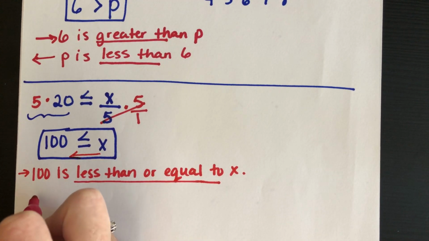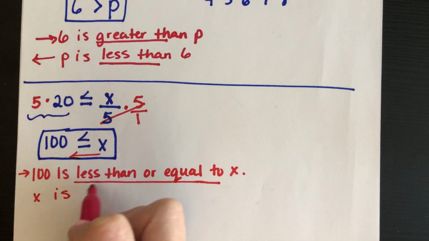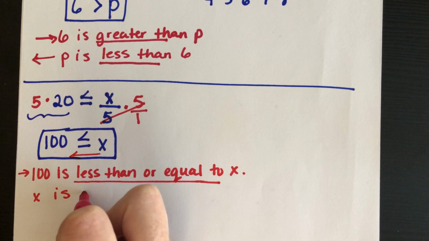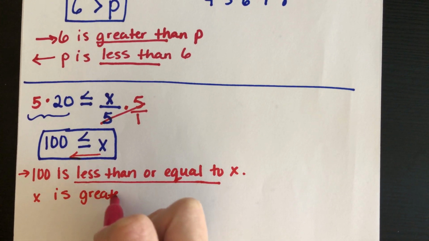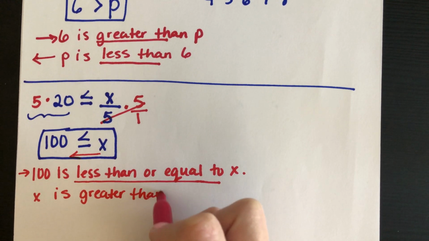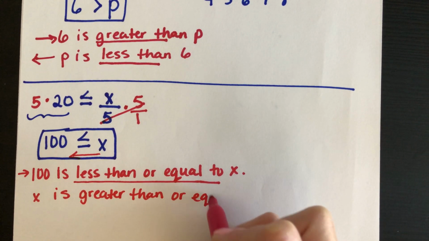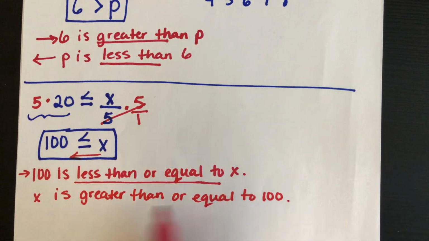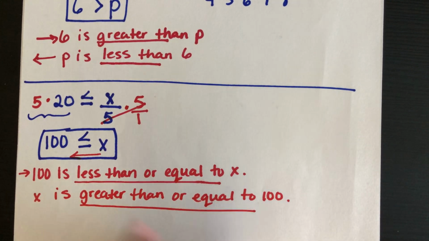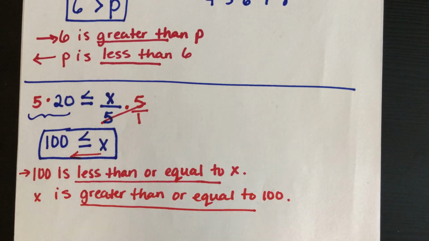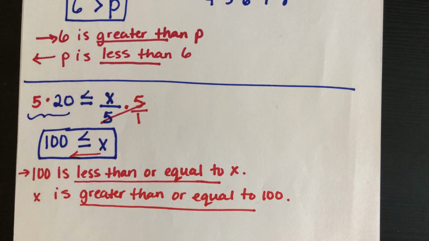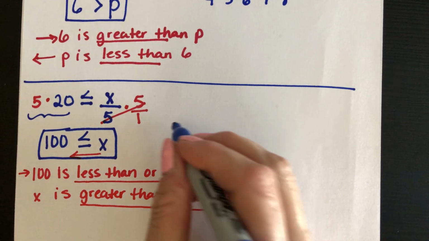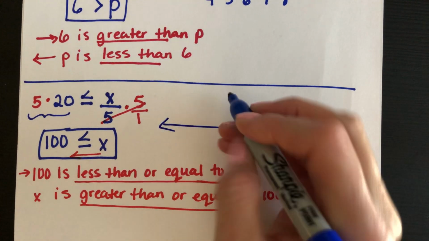So I'm going to say x is, and then the opposite of less than is greater than or equal to 100. So now my less than became greater than, because the variables switched sides. So now I'm going to draw my number line, because I have to graph it.